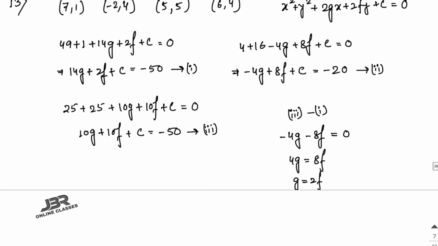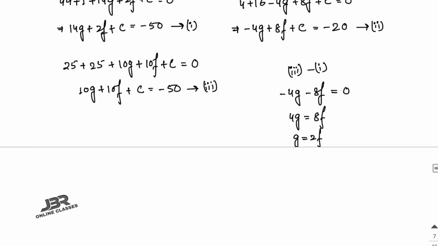Now the next one, again if you subtract equation number 2 from equation number 3, it will be 14g, then 10 minus 8, plus 2f, c cancels out, minus 50 minus 20 is minus 30.